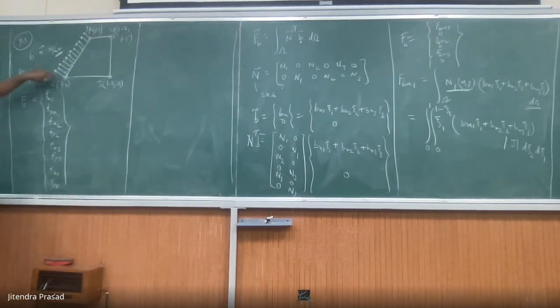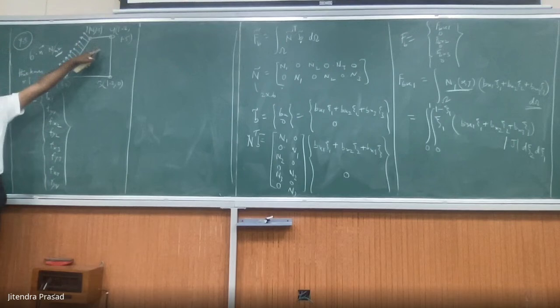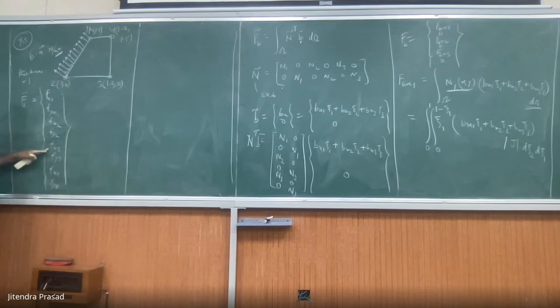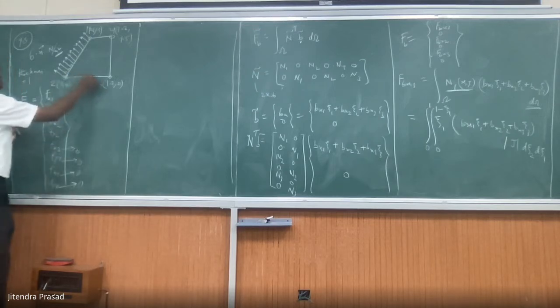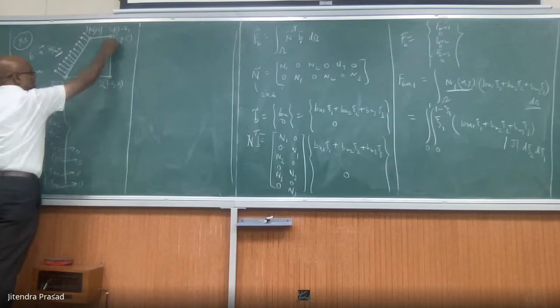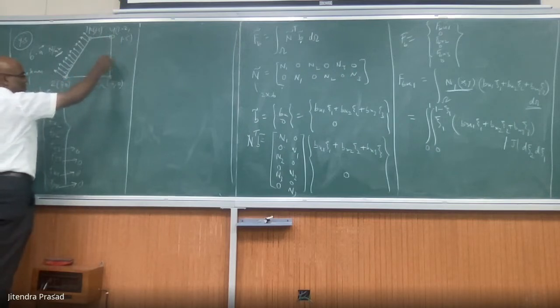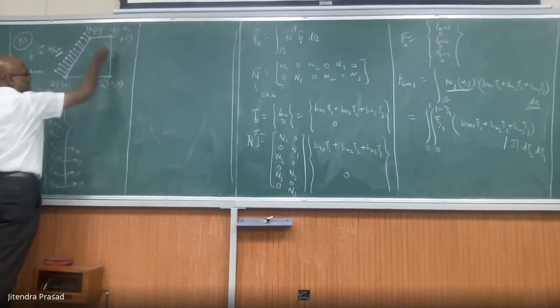Now, just looking at it, can you tell what will be the value of, say, fx3? It will be 0. This will be 0. This will be 0. This will be 0. Because there is no surface force here. There are no forces on this one, so this becomes 0.